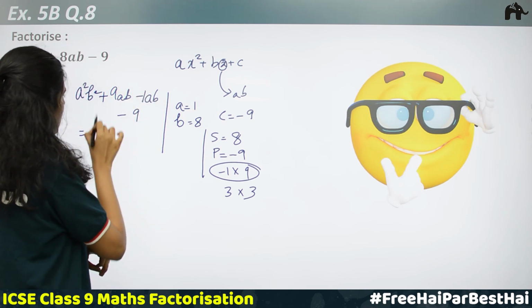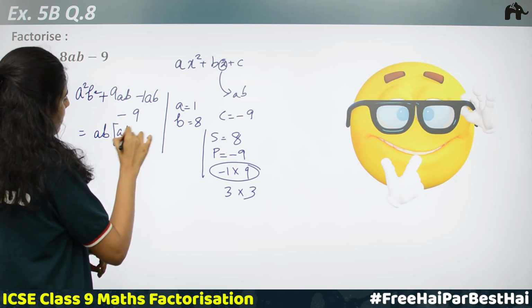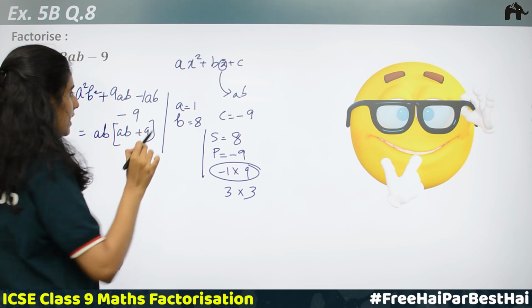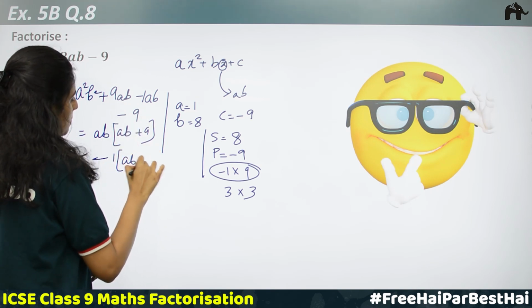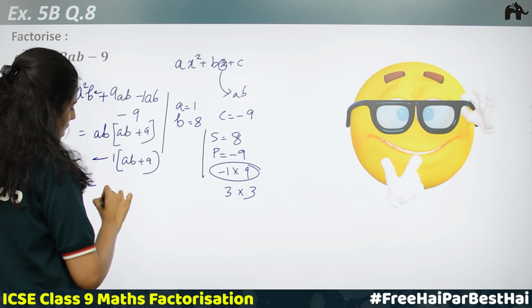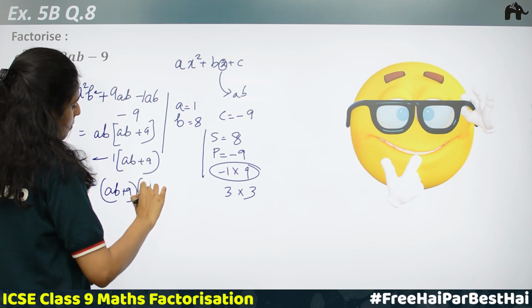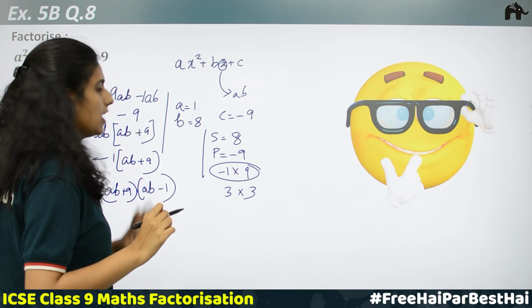So what is common? Here you can see ab is common, taking out ab, then we have ab plus 9. From both these terms, negative sign can be taken out. So minus 1 into ab plus 9. Okay, this is equal to ab plus 9 into ab minus 1. So ab plus 9 and ab minus 1 are the factors.